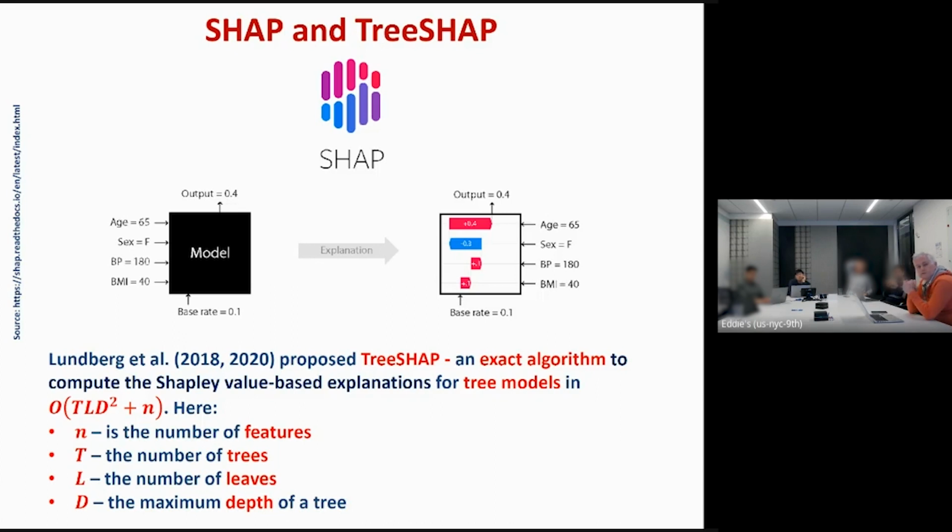This algorithm runs in time TLD squared plus n, where n is the number of features. If you give it one tree, then the complexity of the algorithm on one tree is the number of leaves times the depth squared.